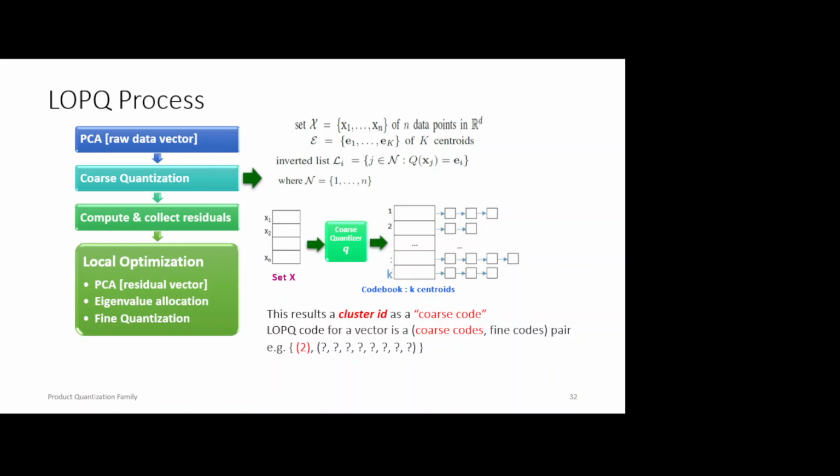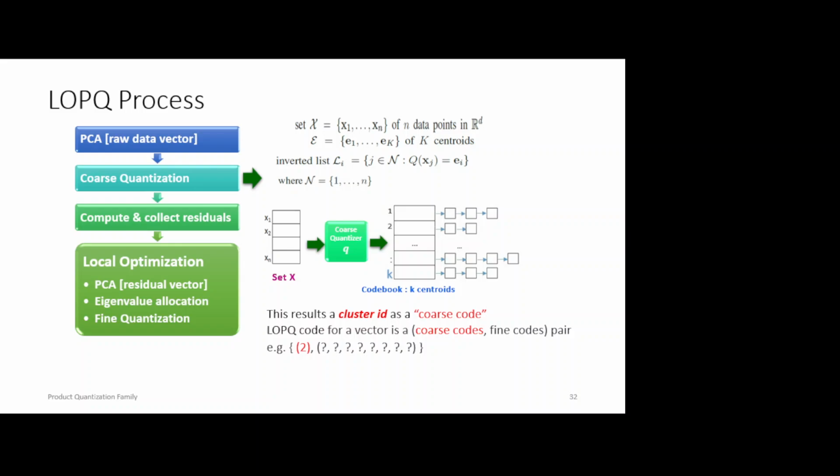The second step is to do the cross quantization. In the cross quantization, given the data set X, we do the k-means first. The k-means tries to divide your raw data into k clusters.